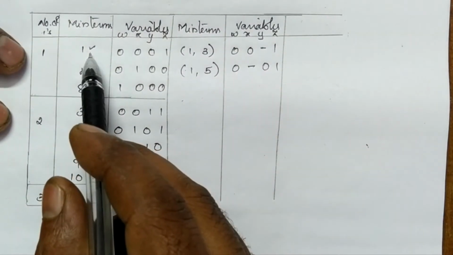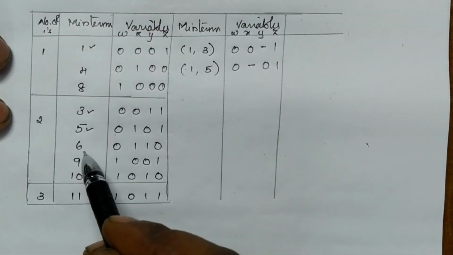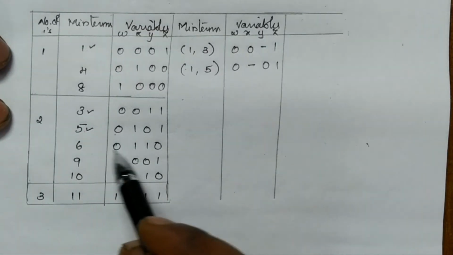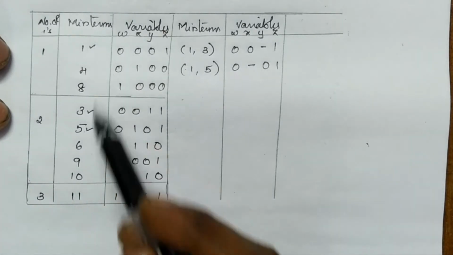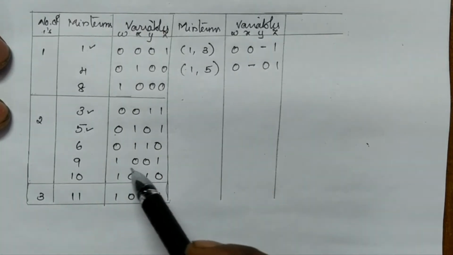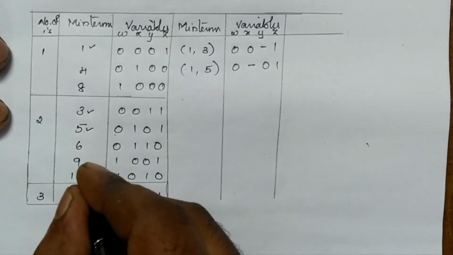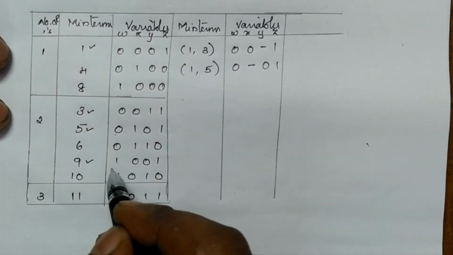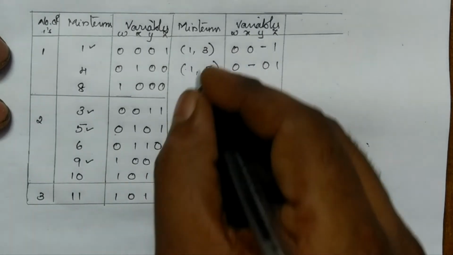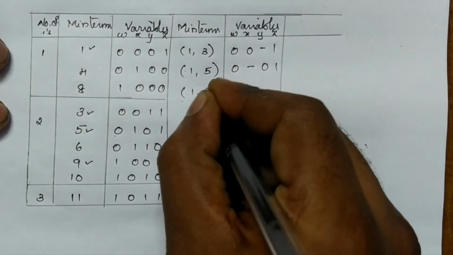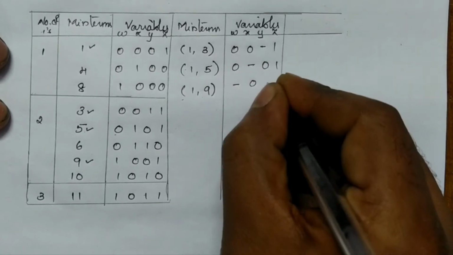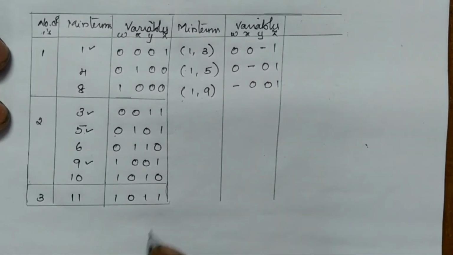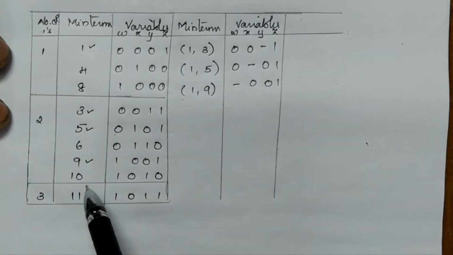Next we check 1 and 6. There is more than one bit change, therefore it's not possible to group. Then 1 and 9 is possible because only the first bit has a 0 1 change, the remaining bits are same, therefore 1, 9 with value dash 0 0 1. Then 1 and 10 is not possible.